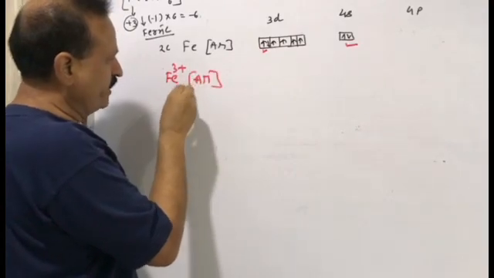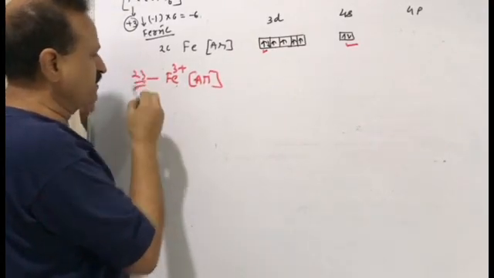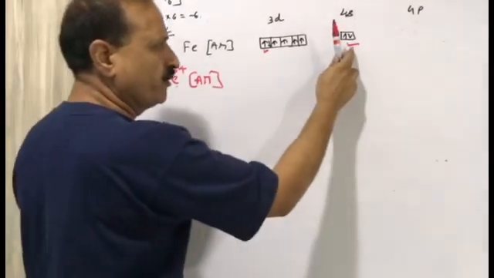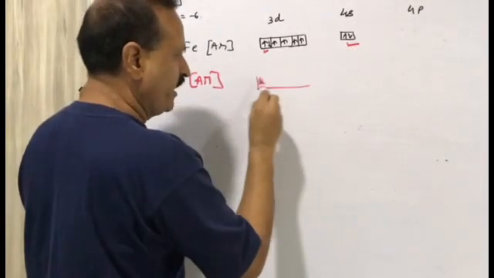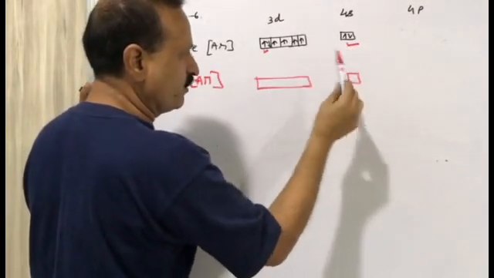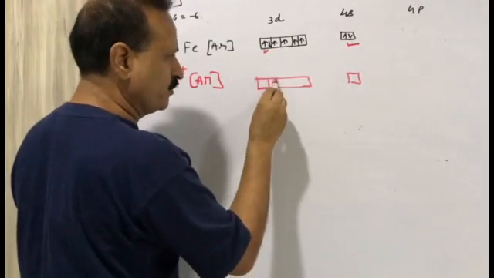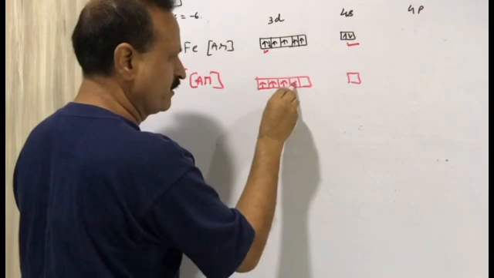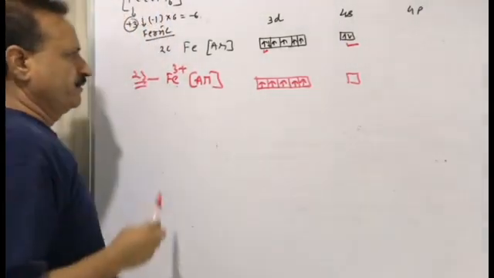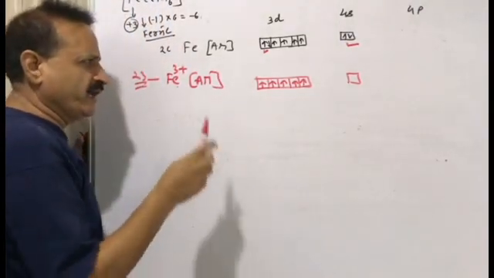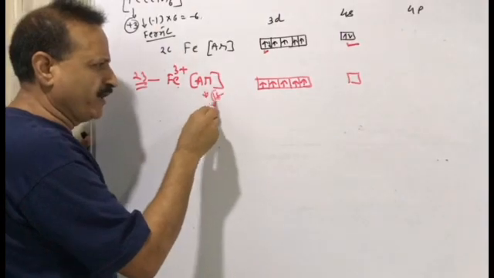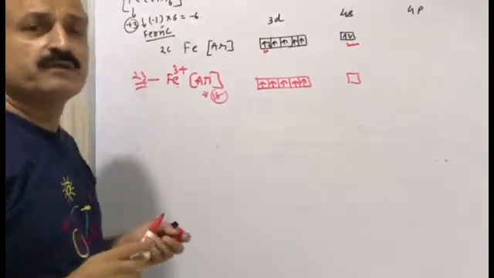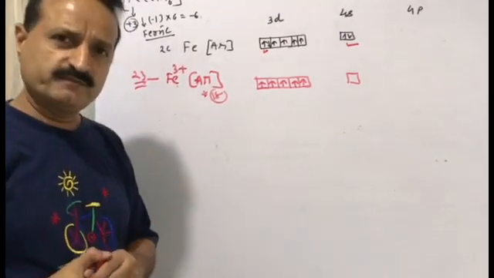We have to fill 23 electrons, because 3 electrons are lost. So 2 electrons will be lost from here and 1 electron from here, the pair. So the Fe3+ electronic configuration will be this one: total 23 electrons, 18 of argon and 5 electrons in the remaining d orbitals.